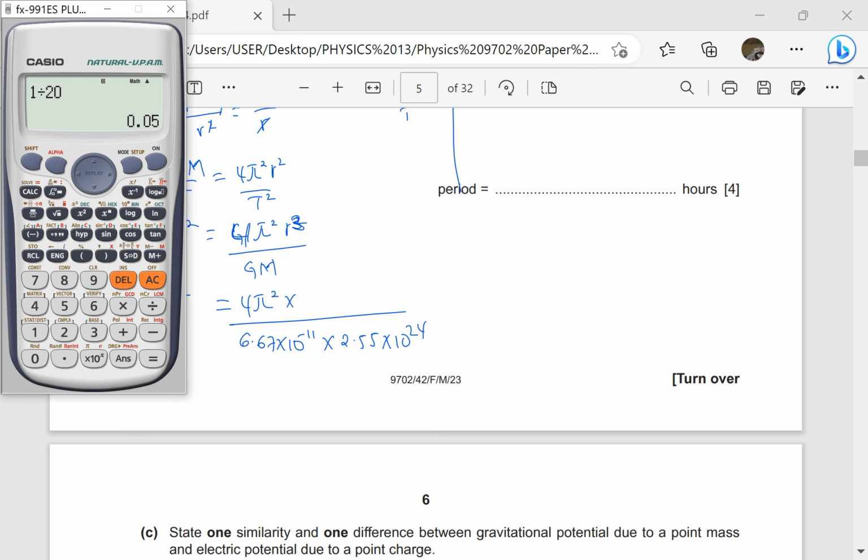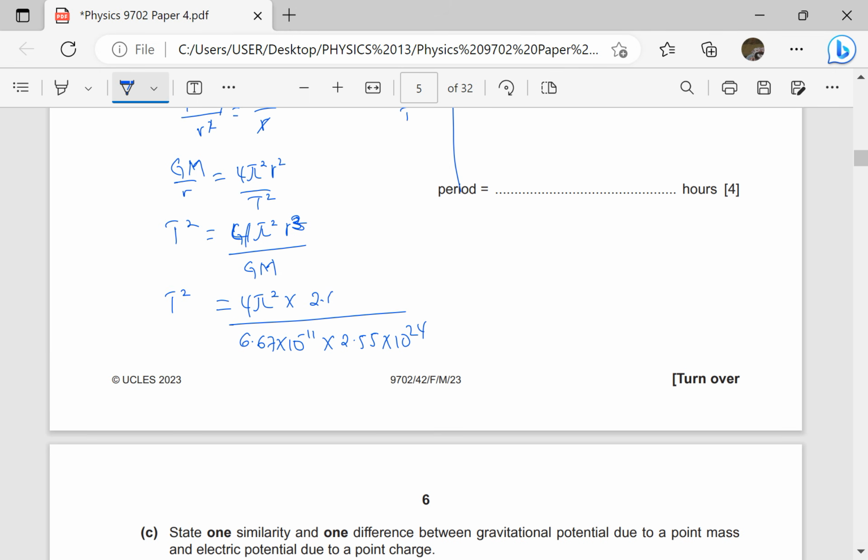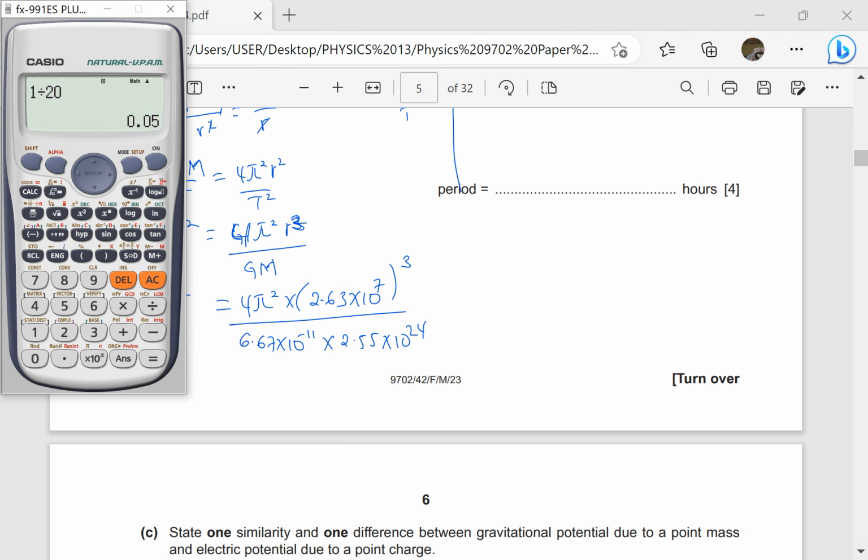So this is 2.63 times 10 power 7, raised to power 3. So this is going to be 4 pi squared times open brackets 2.63 exponent 7, raised to power 3, divided by 6.67 exponent negative 11.